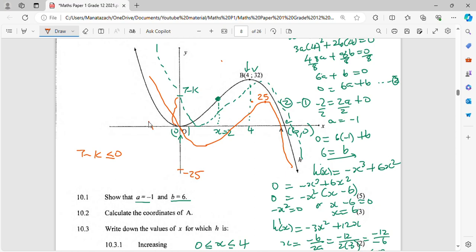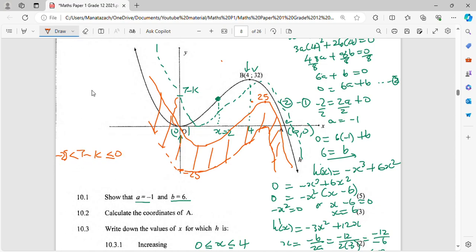So that means I'm really looking at the lower point of the graph. That's going to satisfy my condition, and it will just turn there at the x-axis. I'll still have 2 positive roots and then 1 negative root. So I'm really interested in this part of the graph. So here I'll have a minus 25. 7 minus k has to be between minus 25 and 0.